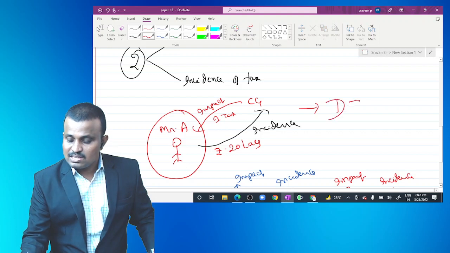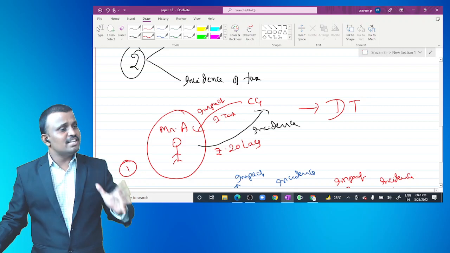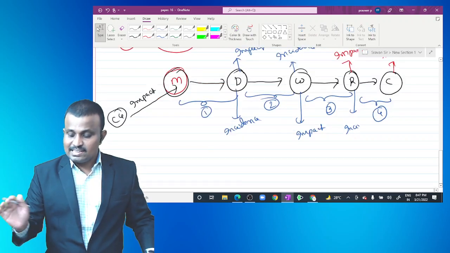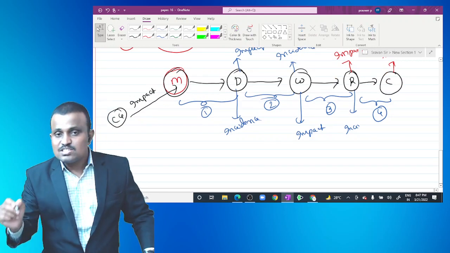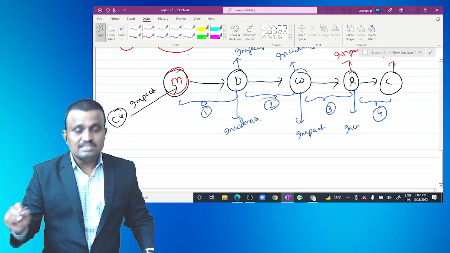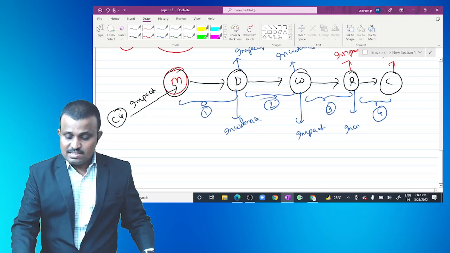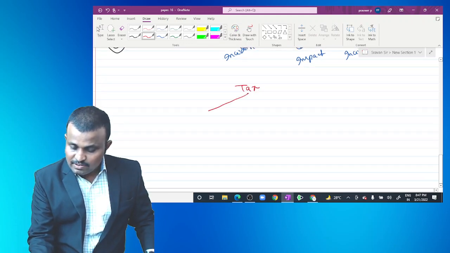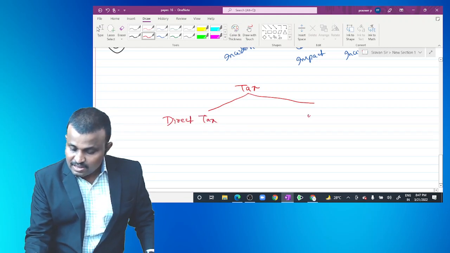If the impact and the incidence of the tax are both on the same person, then the tax is said to be a direct tax. If the impact of the tax is on one person and the incidence is on another person, then the tax is said to be an indirect tax. So taxes are classified into two types: one is direct tax, another is indirect tax.